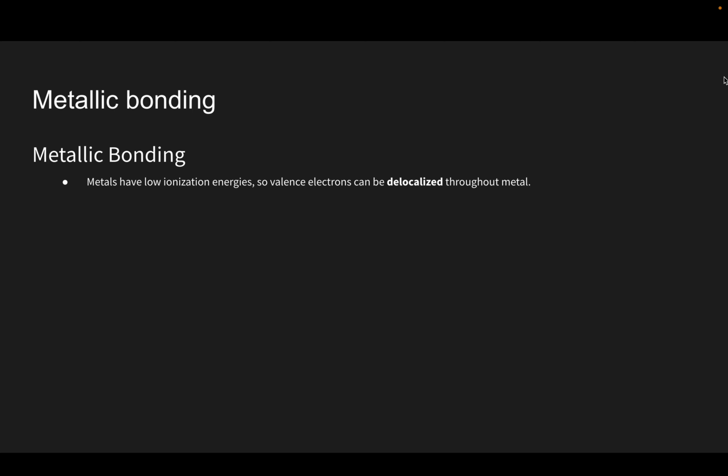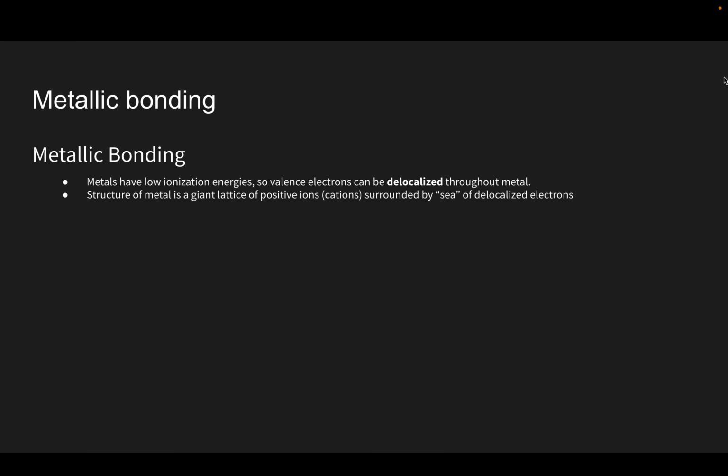Metals have low ionization energies, so valence electrons can be delocalized throughout the metal. The structure of metal is a giant lattice of positive ions, cations, surrounded by a sea of delocalized electrons. So here it's a little bit confusing.